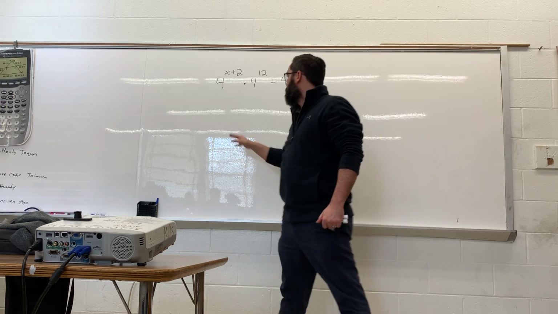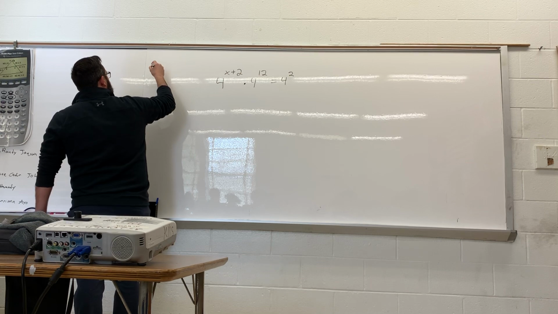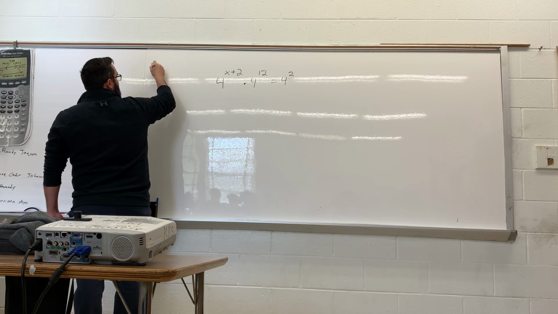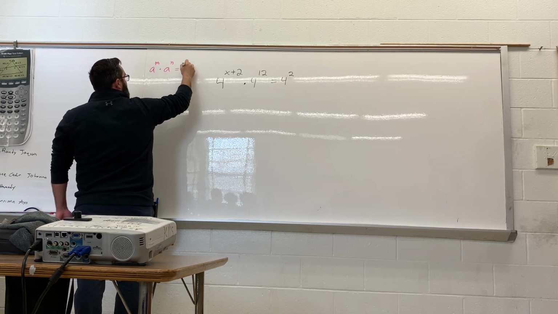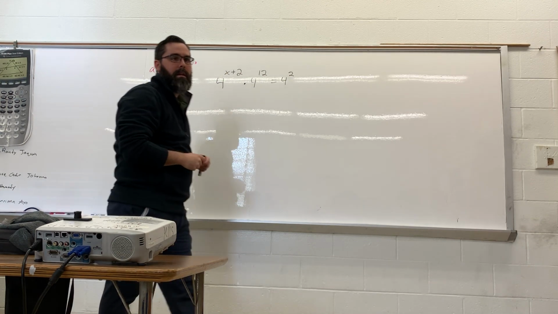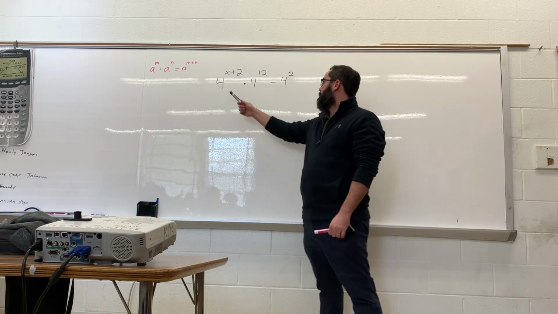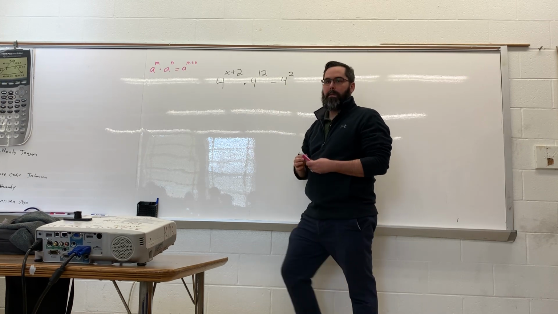To do this, because all of the bases are the same, we can use the property of product of powers, which says that if you have two bases being multiplied that are the same, you can add their exponents to simplify them. Right? We're using that property. So if the bases are the same, we can add their exponents to get this exponent. And we set this up as an equation and we solve.